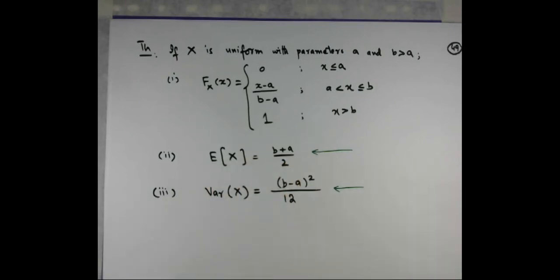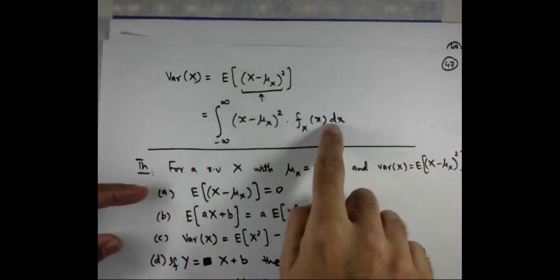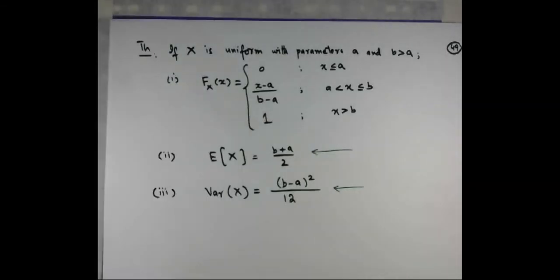And similarly, you can utilize the generic formula of the variance of a continuous random variable to arrive at this expression for the variance of x if x is continuously uniformly distributed.